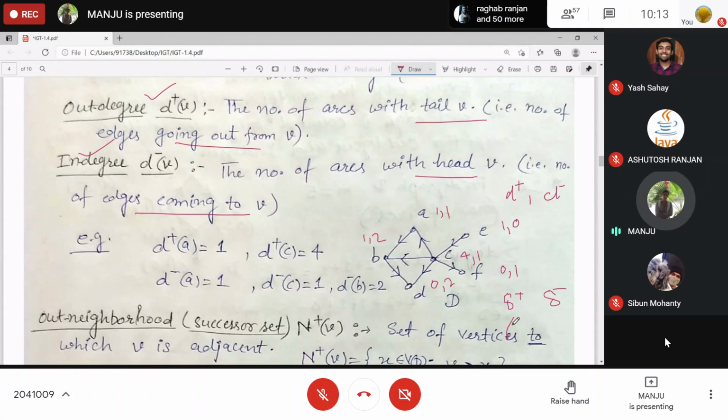Clear? And maximum is capital Delta plus for out degree, and maximum in degree is Delta minus. Clear? This is of graph G or D. Got it? Yes, ma'am.